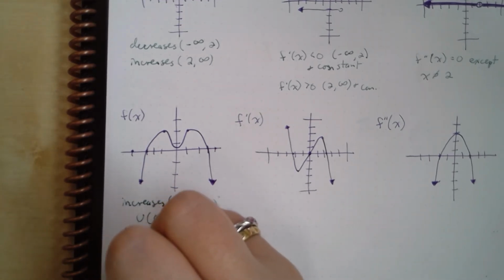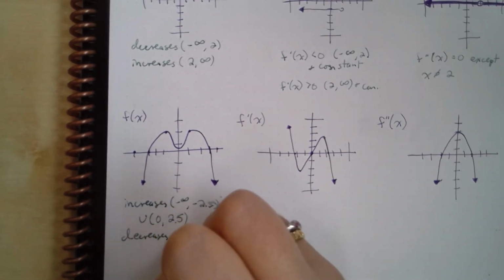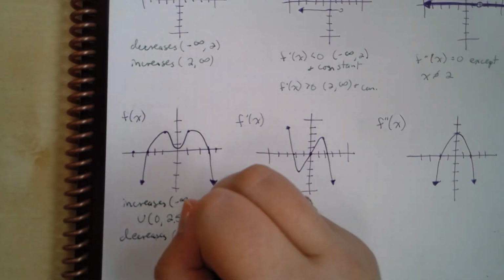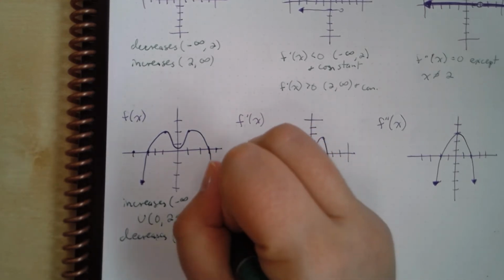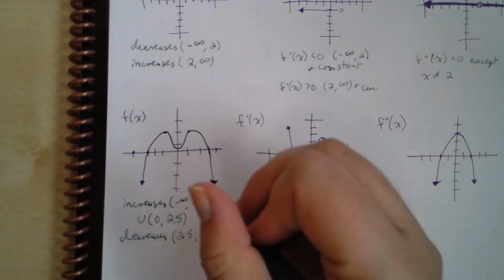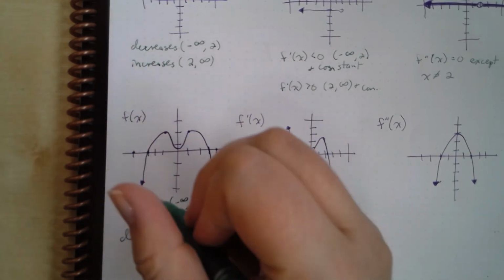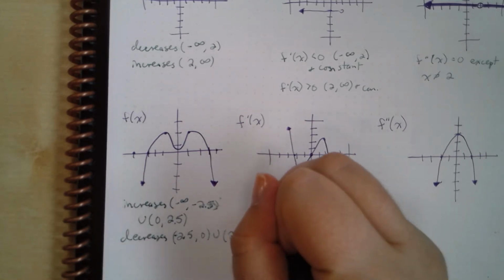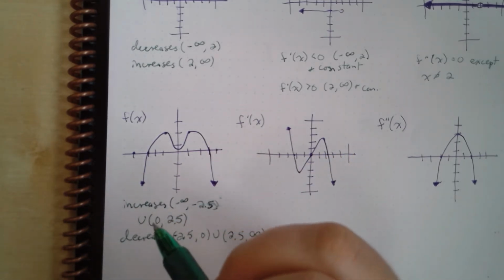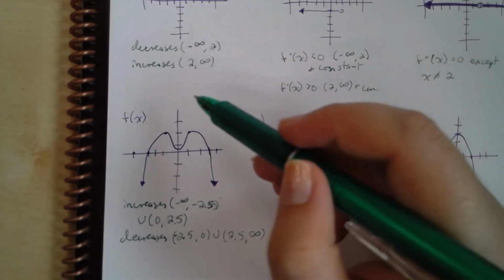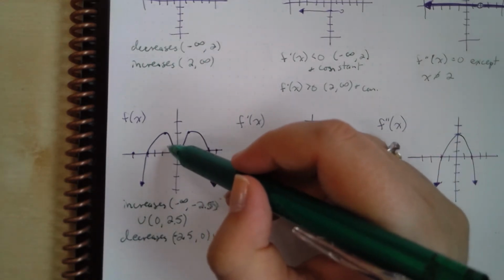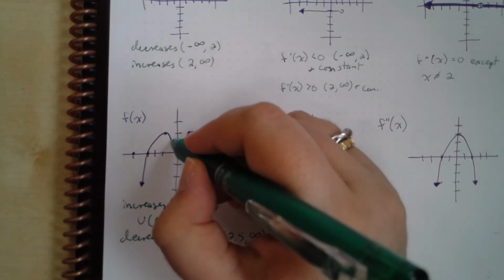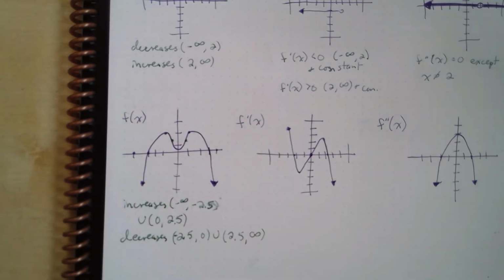And it decreases from 2.5 to 0, and then again, from 2.5, oh, this should be a negative 2.5, excuse me, to infinity, right? And then at negative 1, 1, what do we have going on there? Well, we've got these points of inflection here. I'll ignore what I said about negative 1, 1.